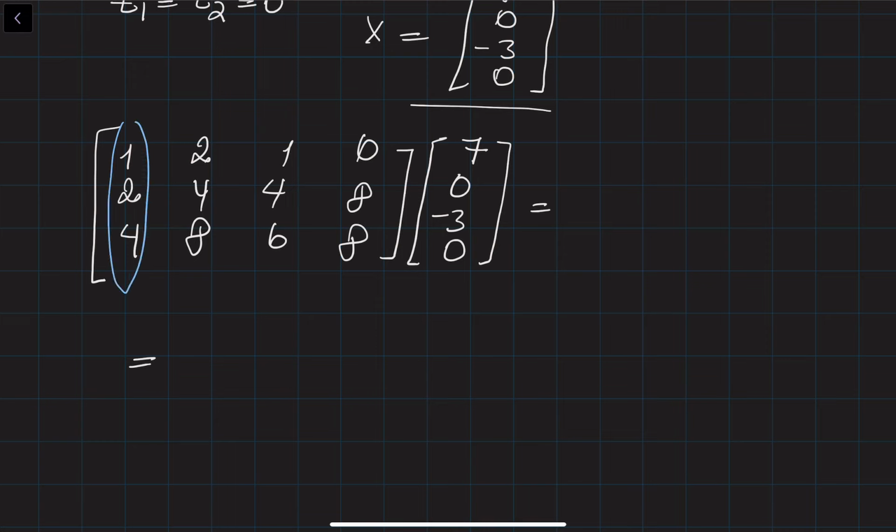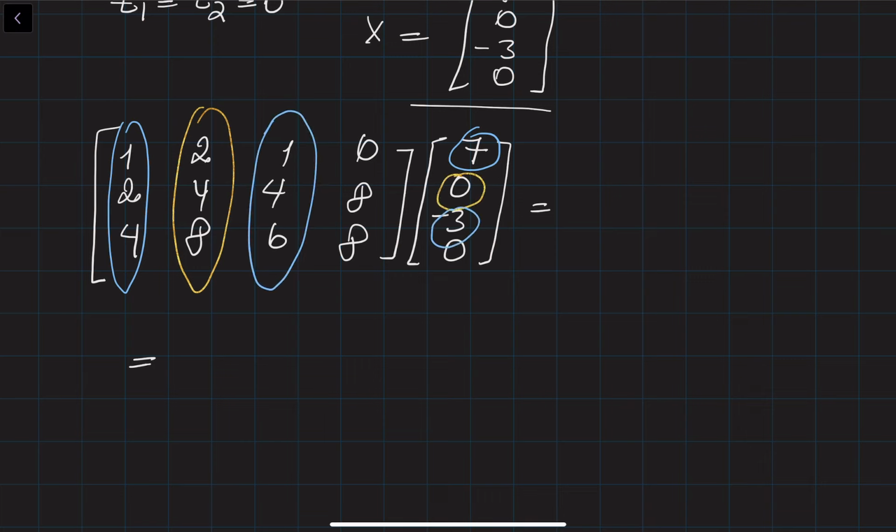So essentially, the first column is multiplied with the first entry, the second column with the second entry, the third column with the third entry, and the last column with the last entry of this vector. And you can see that two of the four components of the vector x are simply equal to 0.